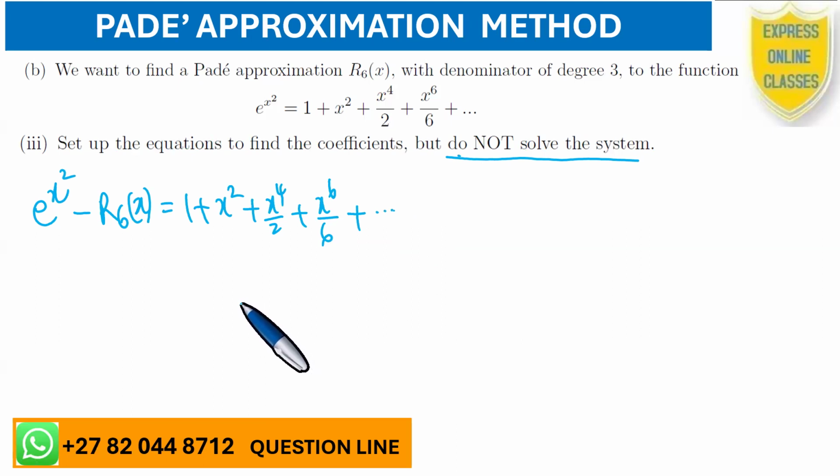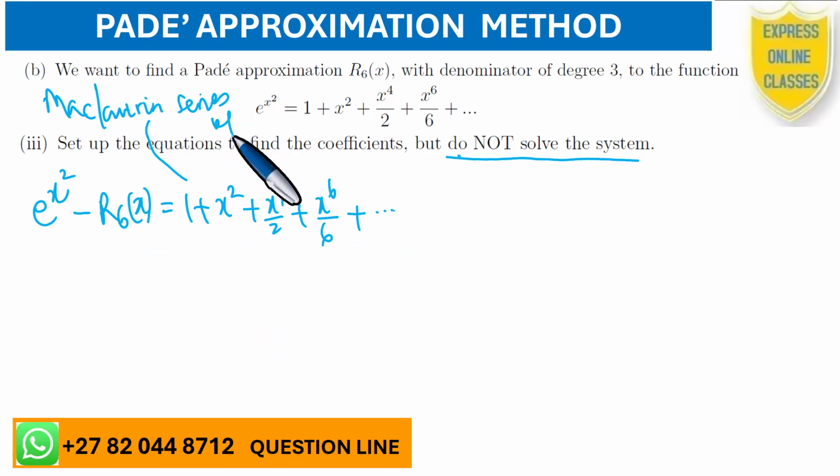In particular, this becomes what we call the Maclaurin series of e to the x squared. This is in line with the fact that the Maclaurin series of e to the power x is 1 plus this.